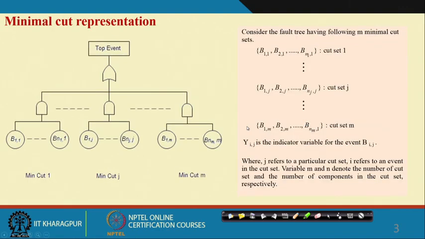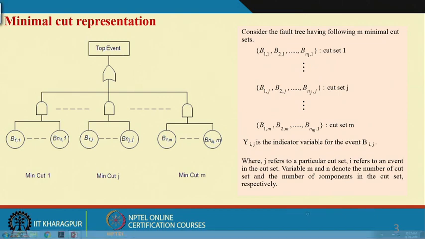So, all of you know cut set. You go back to that lecture where we developed the cut sets for a fault tree using MOCUS algorithm, and you will see that a cut set is a set where, if it is a minimal cut set, then if all the events of that cut set occur, the top failure event will occur.